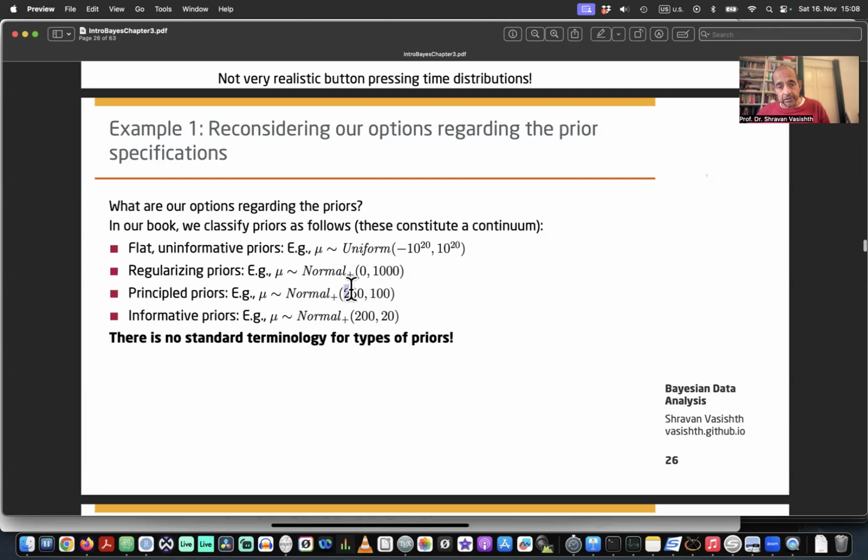It need not be centered on zero, but could be centered on a reasonable average button pressing time. 250 milliseconds is a reasonable button pressing time, actually, if you look at the literature. So this is a principled prior because it's based on prior knowledge, prior experience, prior belief. All these kinds of prior information can be brought into the picture here in the prior.